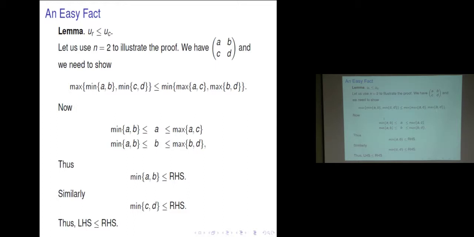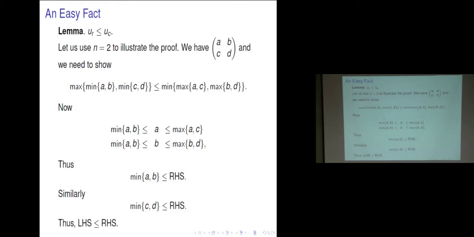Now this number, min of A, B, is less than this max, and min of A, B is less than that max. If it is less than both of them, it is less than or equal to the smallest one, because no matter which you choose, it's always less than. So choose the minimum one, choose the maximum one. Therefore the minimum of A, B is less than or equal to the right-hand side, this terrible expression.